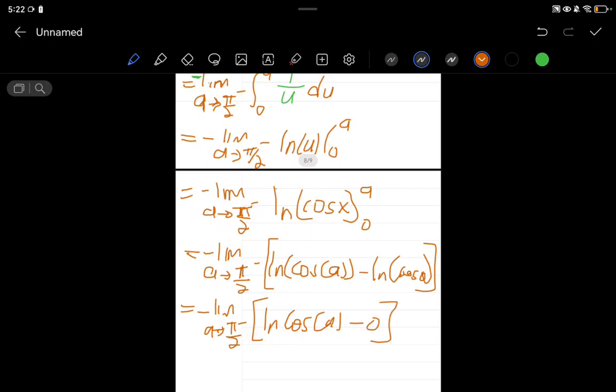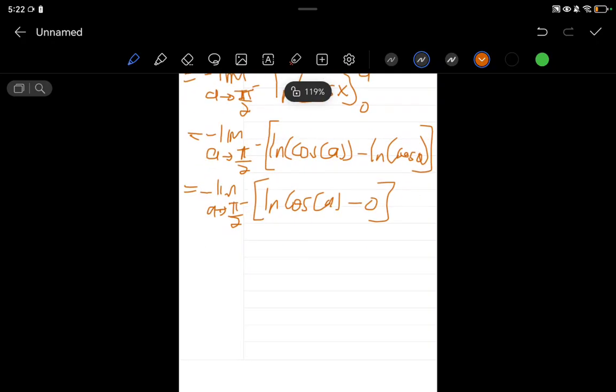And then cos of 0 is 1. So if I plug inside, I'll have minus ln. Hey, why am I writing this ln like this? Ln of cos of pi over 2.